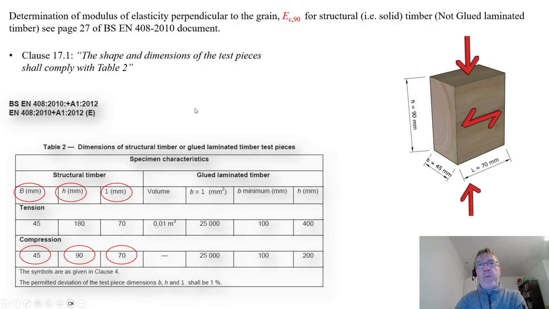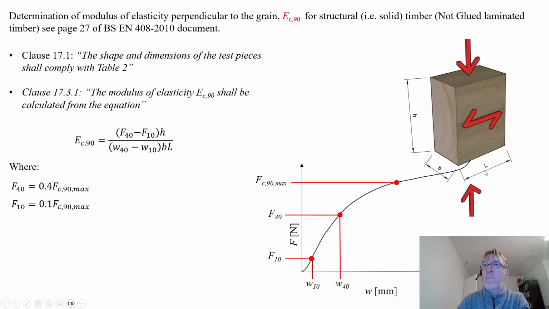Now, the sample we'll be testing has to comply with the dimensions: height being 90 mm, breadth being 45, and length being 70. That's clause 17.1 for the dimensions of the samples.